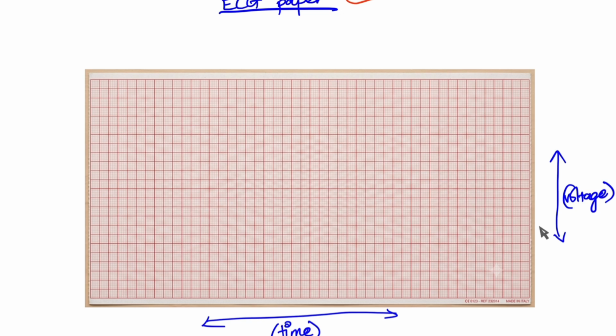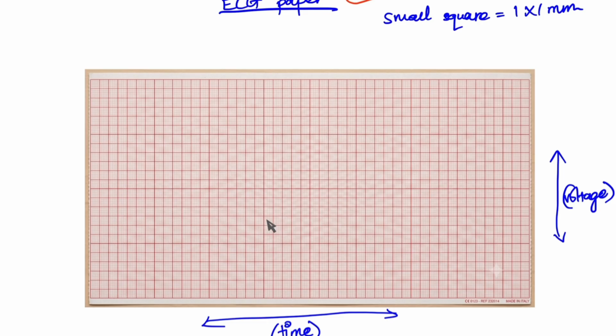Now, each of these small squares inside here represents, I'll write it right here, the small square represents just a 1 by 1 millimeter.